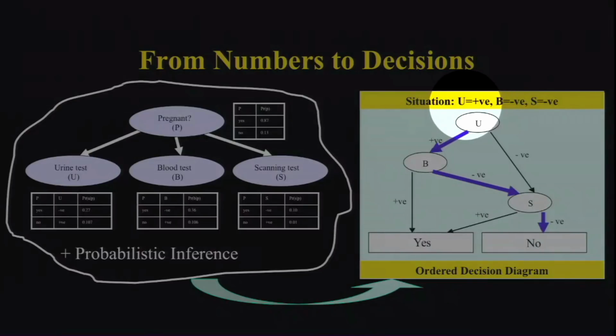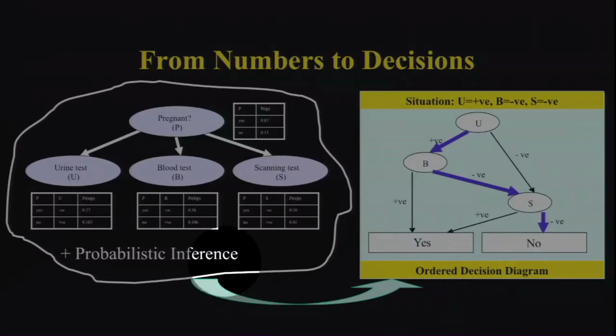So in this case, I have that U is positive, B is negative, and S is negative. So you start at the top, U. Since it is positive, you go this way, and B is negative, you go that way, and S is negative, you go that way. So this is saying that this instance is negative, right?